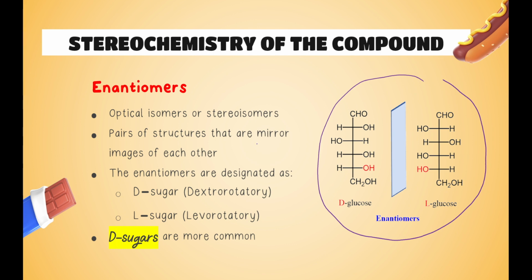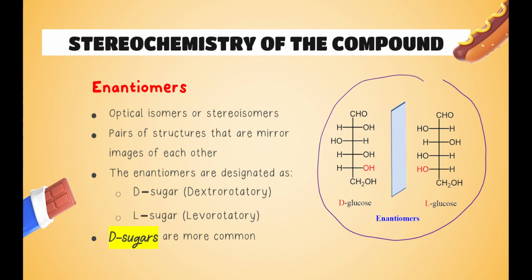If you look at the D and L glucose here, same chemical formula, differing in position, again, mirror image. It's like it was just flipped, right? Look at the position of the OH and H here. For D glucose, everything is on the right side. For L glucose, it's on the left side.